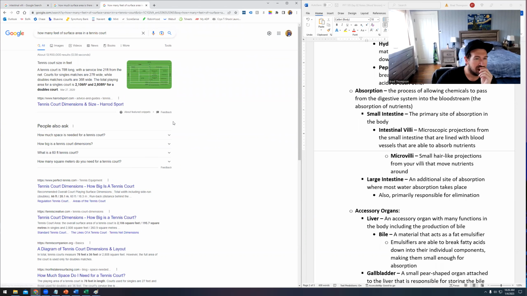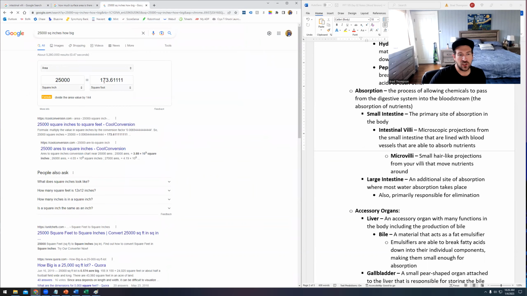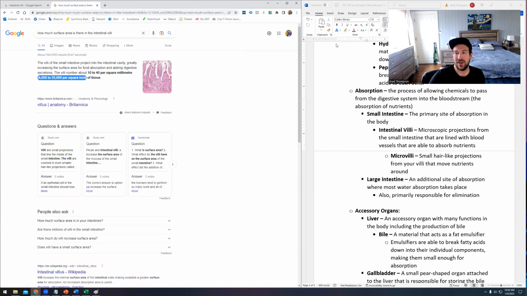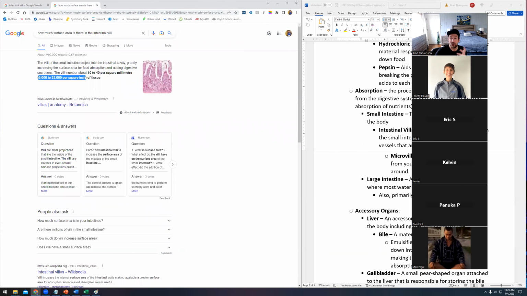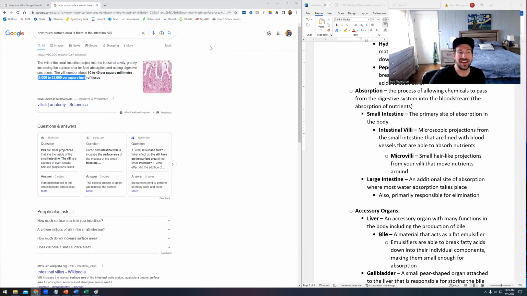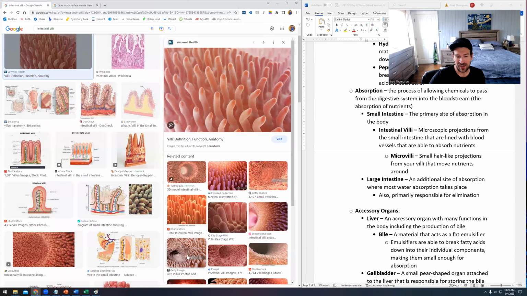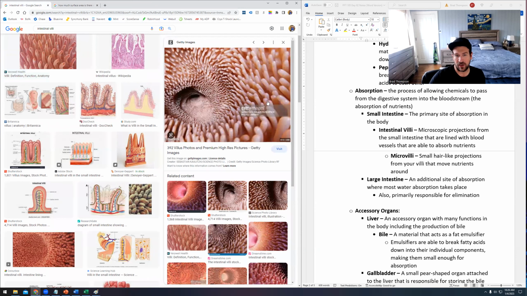Average tennis court is about 27 feet. So you have got a couple tennis courts worth of surface area in just your small intestine alone. Fun fact.